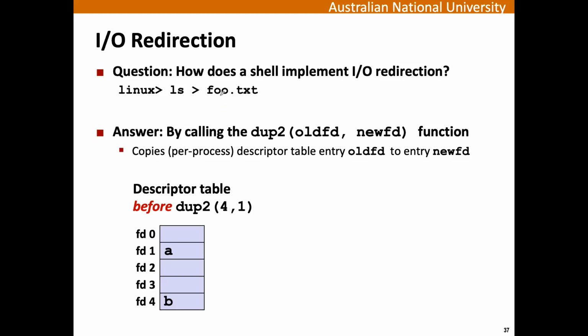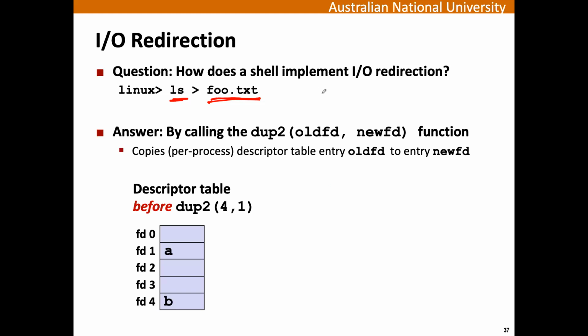Here foo.txt is a file on disk, and ls is a command that lists all the files in a directory. If you redirect the output of ls to file foo.txt, you will not see the output on the terminal. It will be redirected to the file. This is a very powerful mechanism provided by Unix-like operating systems.